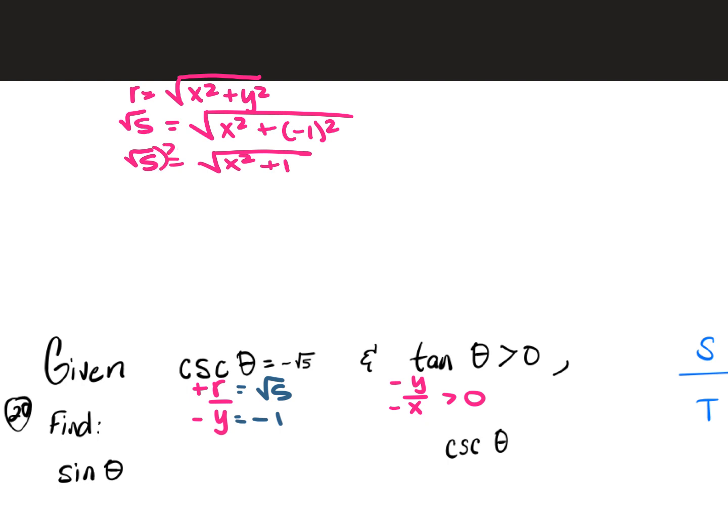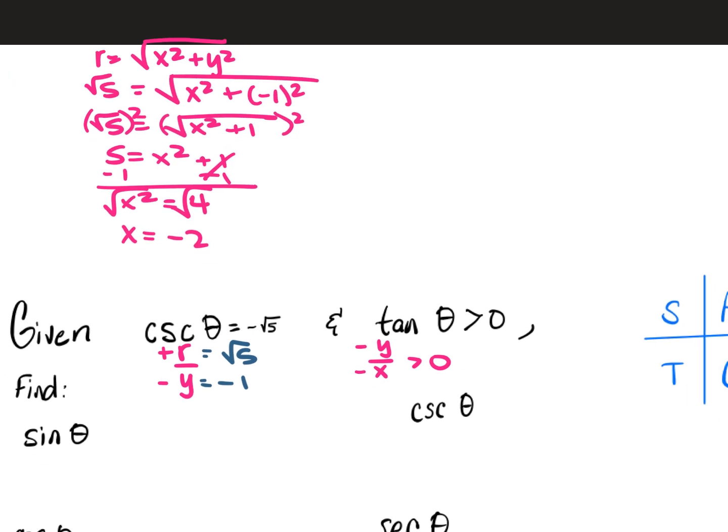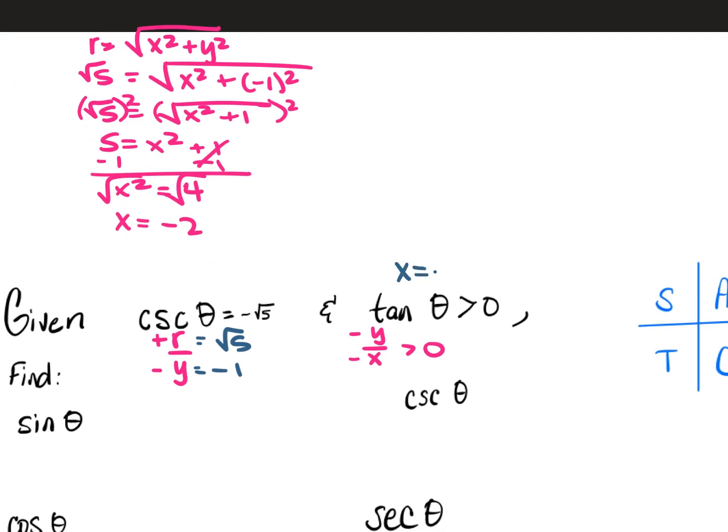We take both sides and square them to get rid of those radicals. We're going to have 5 is equal to x squared plus 1. Subtract the 1 over. That gives us x squared is equal to 4. Take the square root of both sides. We said that x is going to be negative, so that's negative 2 for x. So we have x is equal to negative 2, y is equal to negative 1, and r is equal to the square root of 5.